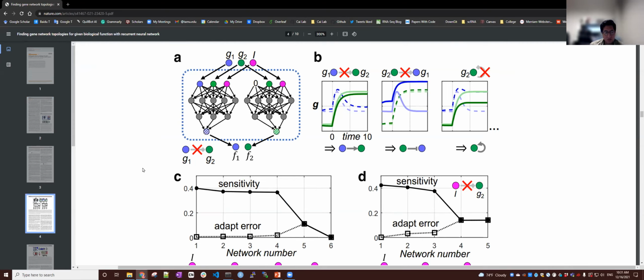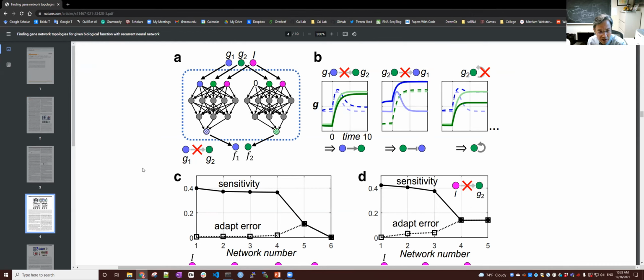Yes, both networks are the same, just the input in the blue one is set to 0. Yes, you're right. But the output of this figure has both blue and green genes, but in this graph only the blue gene is output.